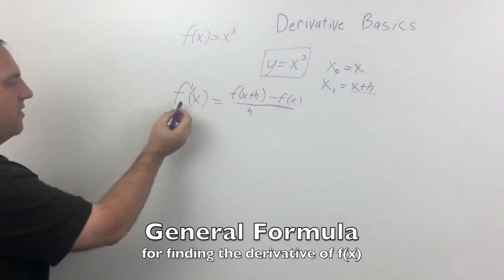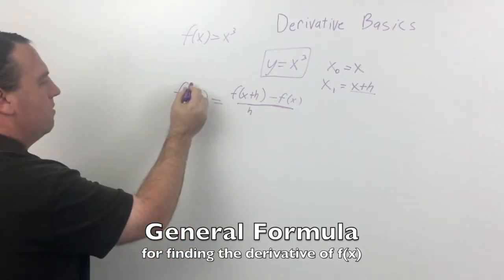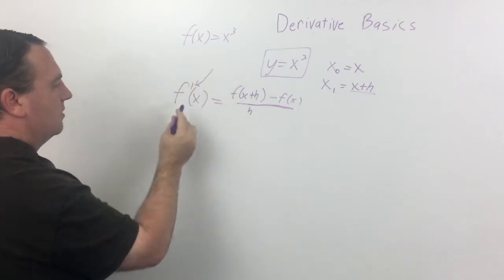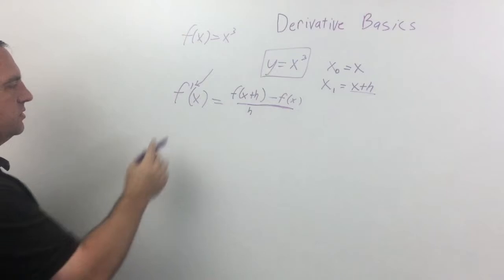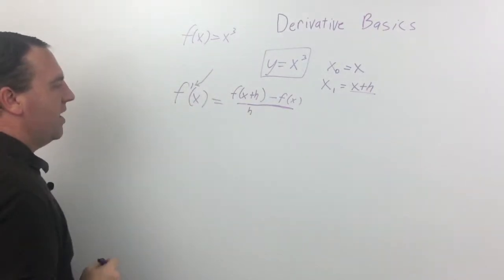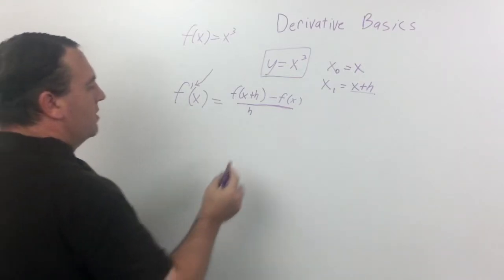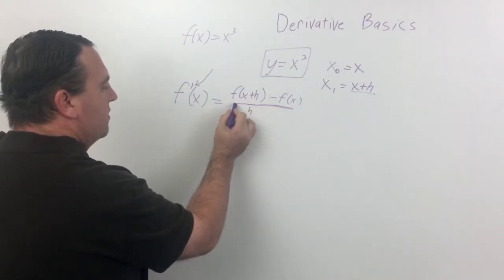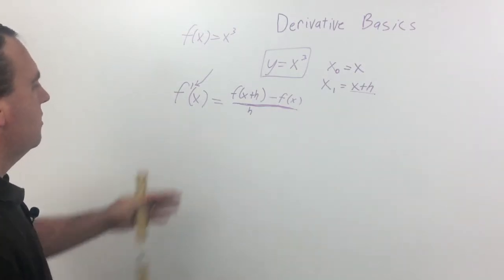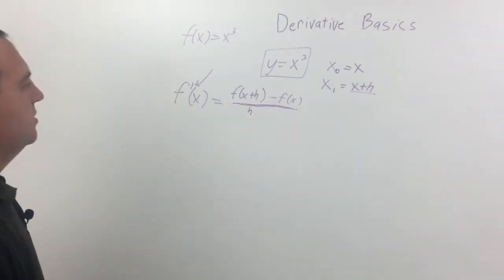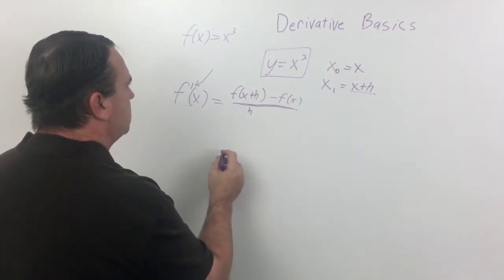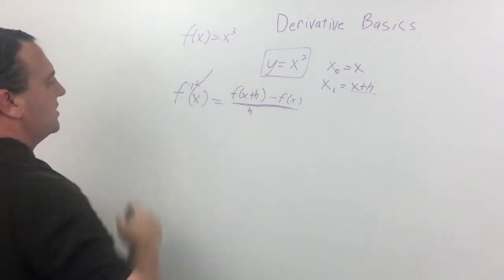Okay, so if I have a function of x and I want to know the derivative, and we can tell this is a derivative by that little prime symbol, so I want to find f prime of x, the derivative of my f of x, well, I do it by using this formula. Okay, so let's run through using this formula with x cubed. So f of x plus h, well, f of x is x cubed.